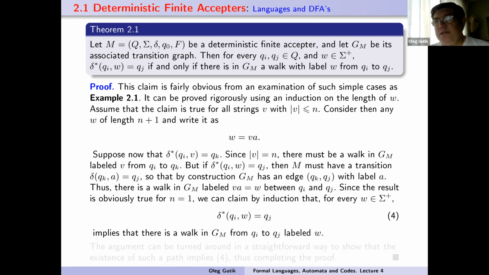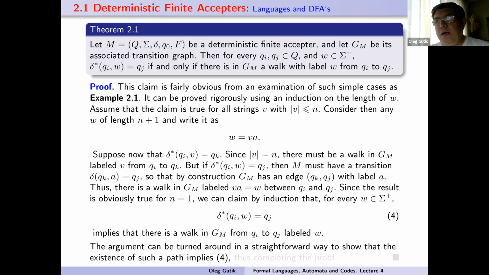It implies that there exists a walk in the graph G_M from the vertex q_i to vertex q_j labeled by the string w. The argument can be turned around in a straightforward way to show that the existence of such a path implies formula 4. This completes the proof of the theorem.